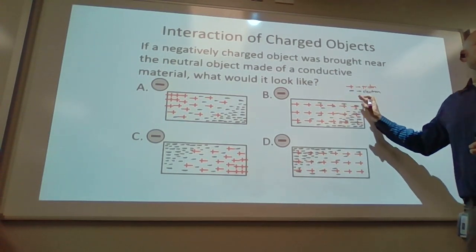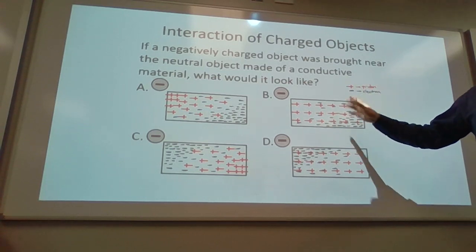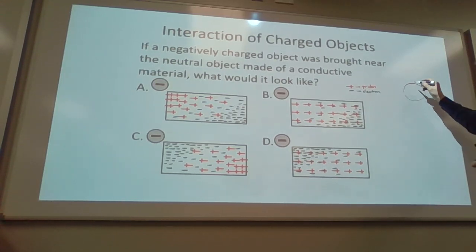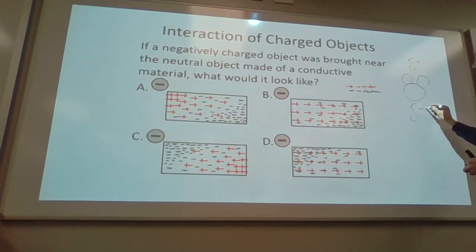This arrangement we have a term for. We say that this metal slab has been polarized. You might have heard polar before, not polar bear, but in chemistry, water, H2O, is a polar molecule, right? One side was partially positive, the other side was partially negative, but overall, it's a neutral molecule.